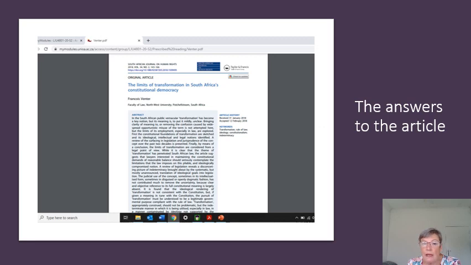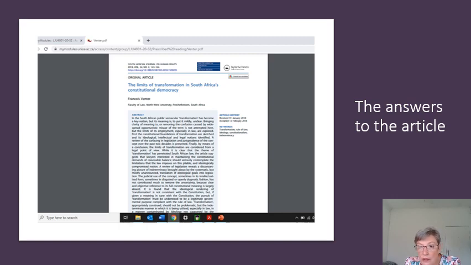Now, next is the answers to the article, which is the bulk of the portfolio. And that is an article by Professor Francois Venter from Potchefstroom on the limits of transformation in South Africa's constitutional democracy.